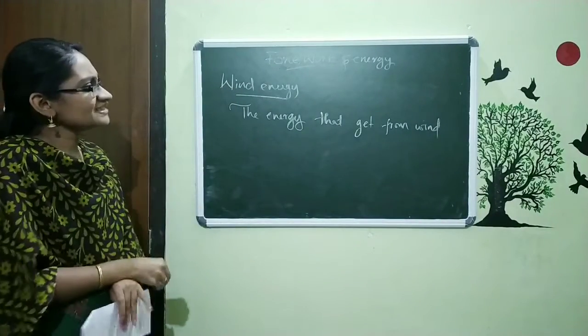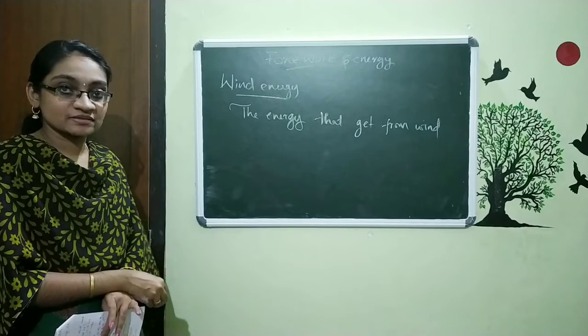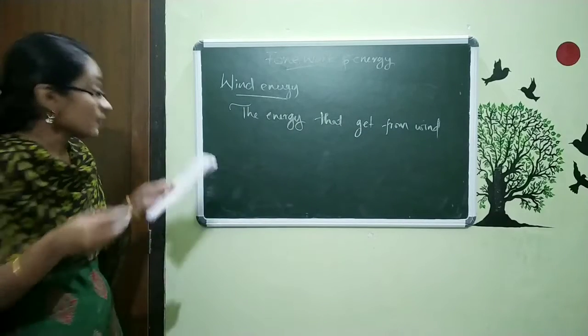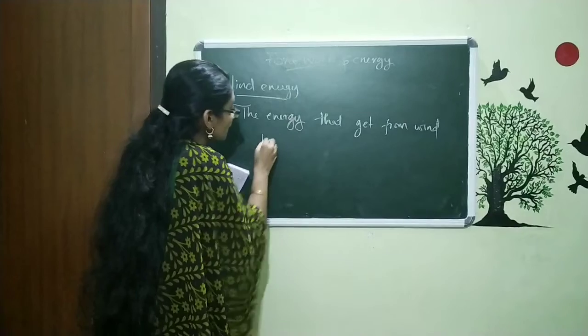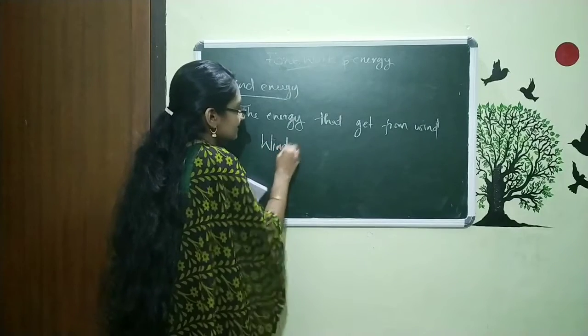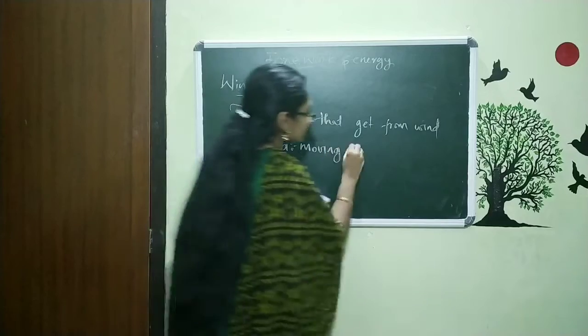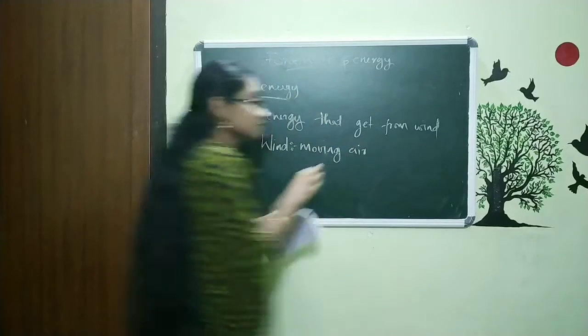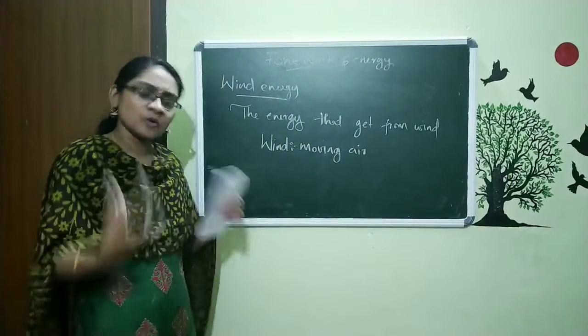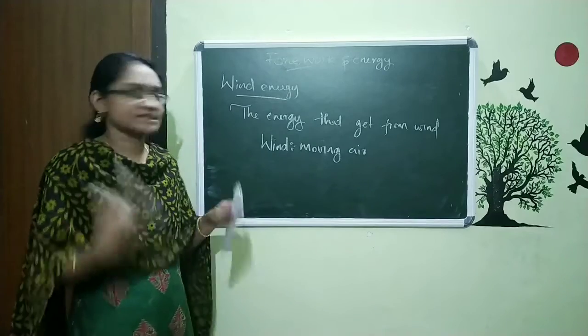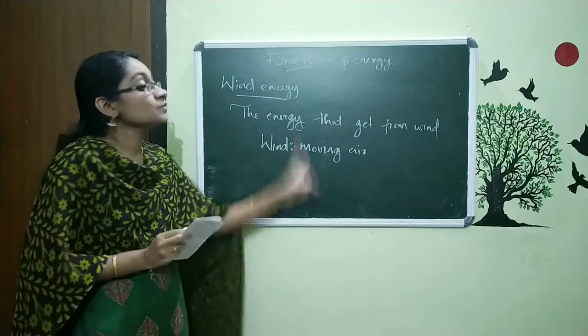Here the thing is wind. And what is wind? That is the first question. Wind is the moving air. Sometimes it is very fast, sometimes it's slow, and it depends upon time. So we can say wind is the moving air.